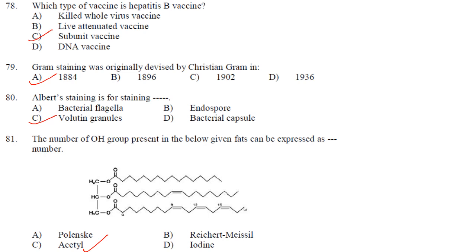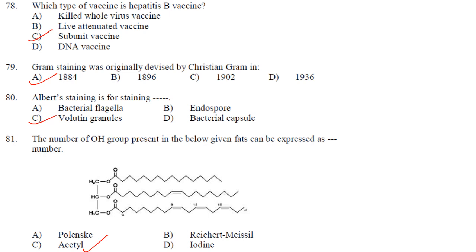So Polenske value is an indicator of how much volatile fatty acid can be extracted from fat through saponification. Then Reichert-Meissl number is an indicator of non-fat compounds in edible fats like butter and ghee, and it helps in determining the purity of ghee and butter.